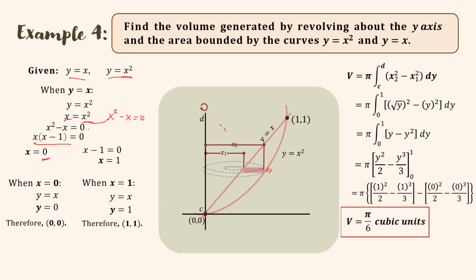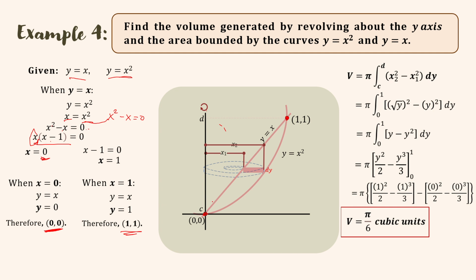Factor: x times x minus 1 is equal to 0. So x is equal to 0 here, and x is equal to 1. When x is equal to 0, y is equal to 0, that's the origin. And when x is equal to 1, y is equal to 1. So therefore, this is the intersection.